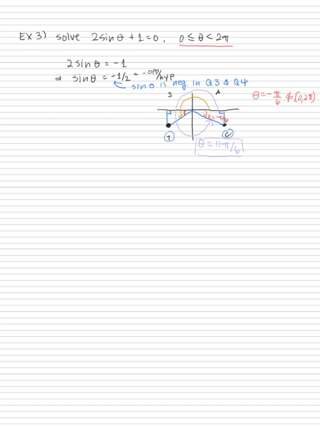Our theta can be determined by pi plus pi over 6. So that's 7 pi over 6. And this is inside of 0 to 2 pi. And I believe that's pretty much it. So our solution set is 7 pi over 6 and 11 pi over 6.